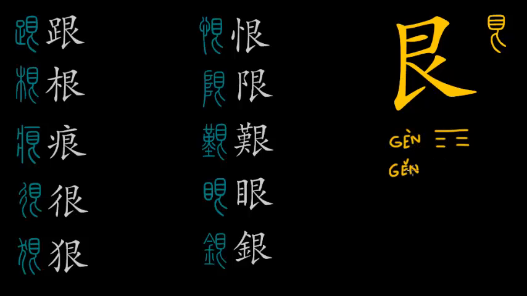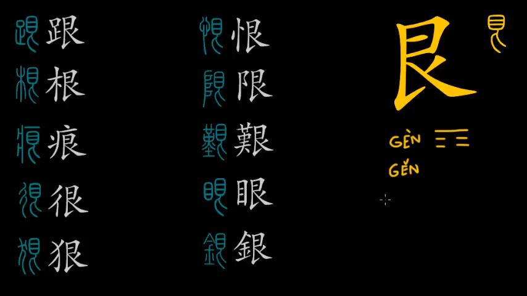When it's pronounced gun in the 3rd tone, it means something like rough or disobedient or direct or something like that. It is interesting that it has all these 3 slightly different meanings, because as we proceed through the series, you will see that individual characters in the series actually have only one of those 3 meanings.